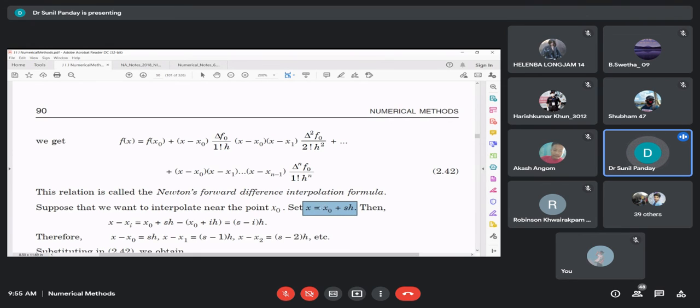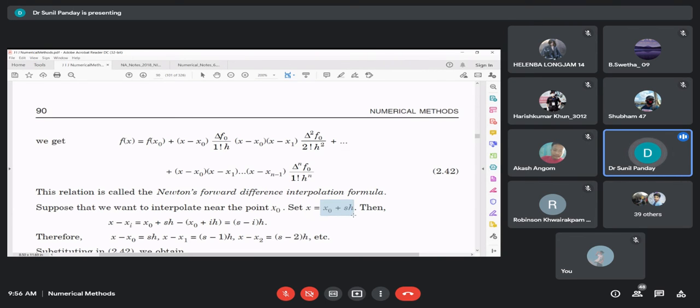For the unknown value of x, we are trying to get the value of f of x. So I suppose the new value of x is x naught plus some real value s into h, and s may be fractional or negative, but we can find some s so that x equals x naught plus sh.